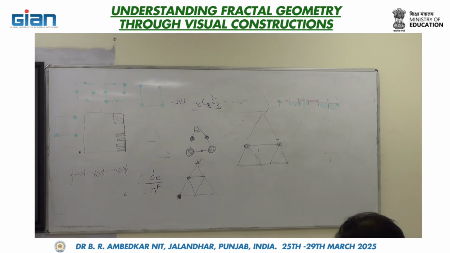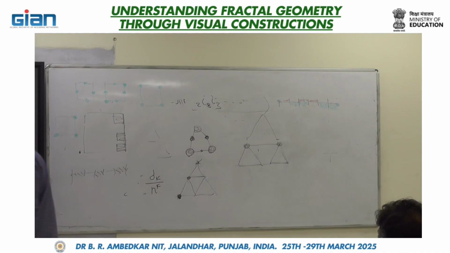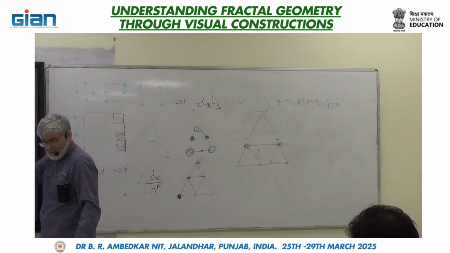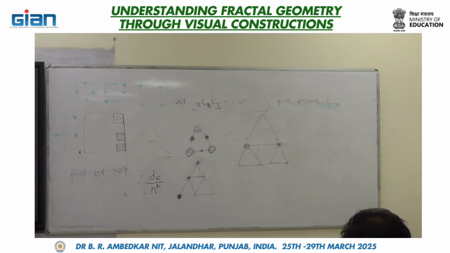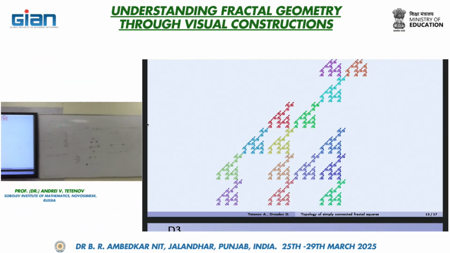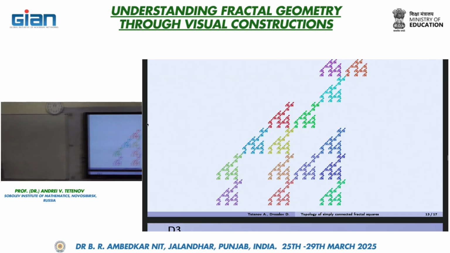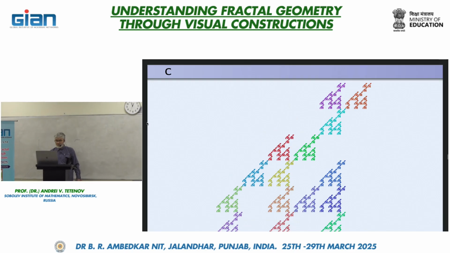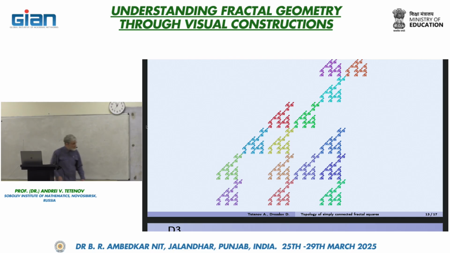For example, this fractal square has the order 1, 2, 3, 4, 5, 6, 7. Yes, it's 7. It is a square of 7 by 7. And this is type C. We have a vertical and diagonal.